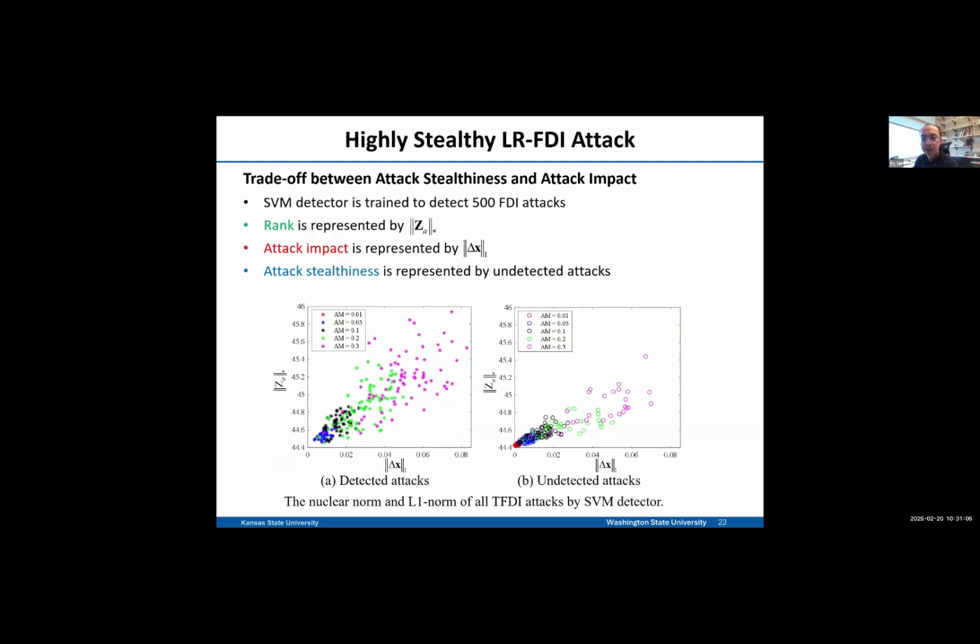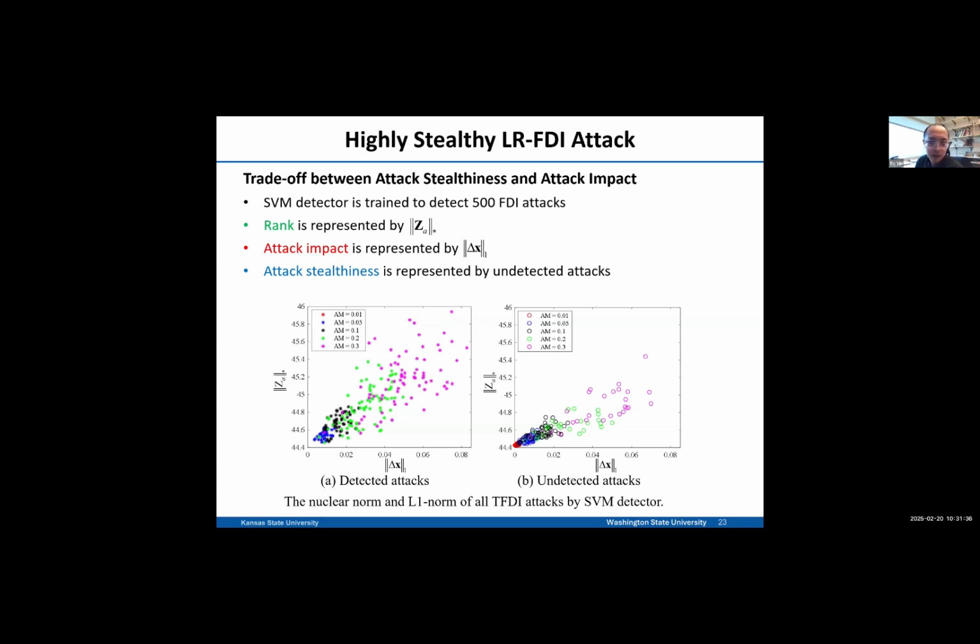Before we present the low-rank FDI mathematical model, I want to demonstrate the trade-off between attack stealthiness and attack impact, and how the low rank helps achieve the balance. First, we use the SVM detector. It's trained to detect 500 FDI attacks, and then we project these 500 attacks into a 2D norm space.